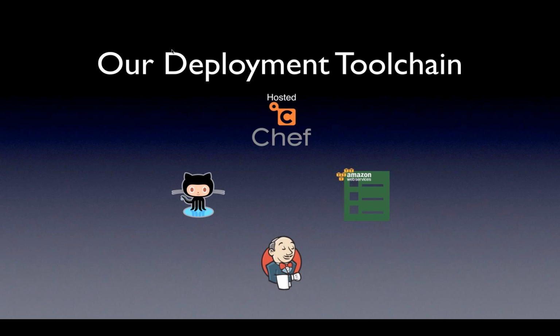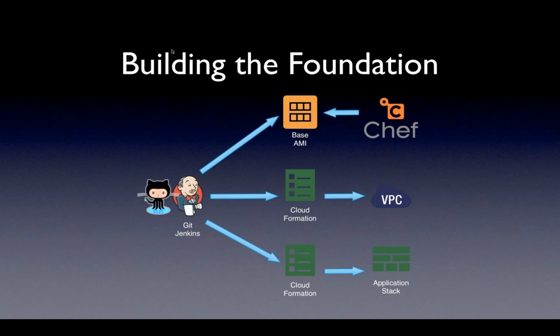So what is our foundation today? What does that look like? When we build our environments, it really is a threefold process. The first part of the foundation is our base AMI.